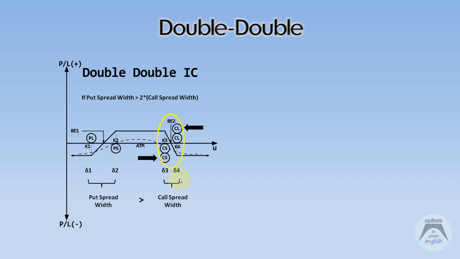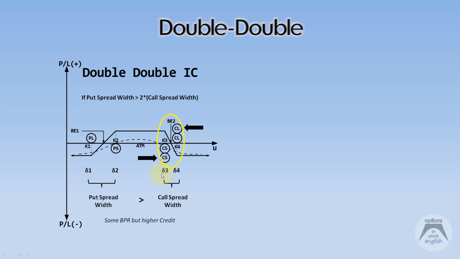So there is an additional short call spread on the call side. You get the same buying power reduction, but you get a higher credit, and because of this, you're utilizing your capital in a more efficient way.